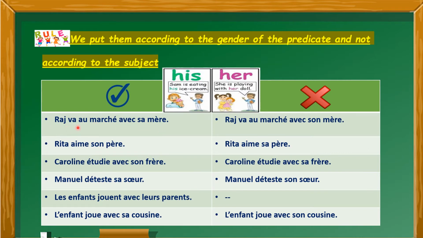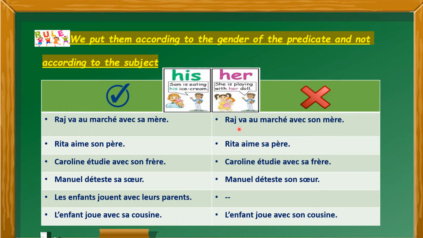Raj is going to the market with his mother as per your English, but as per French, we have to use them according to the predicate. Our predicate here is mère, so we have to put sa here. We don't have to look for the gender of the subject. We have to concentrate on the object or predicate.